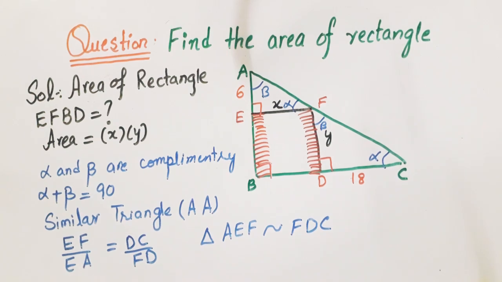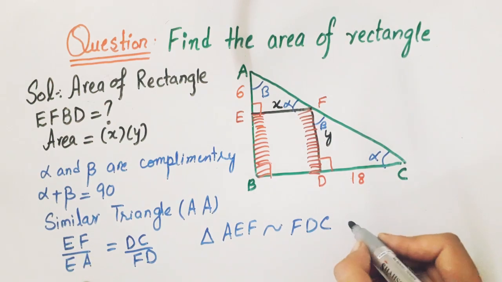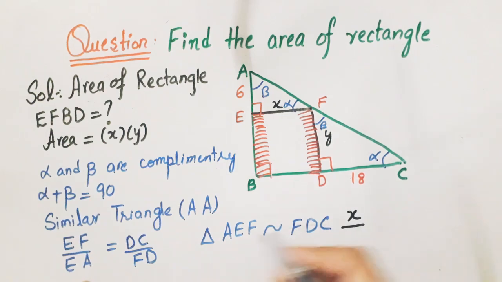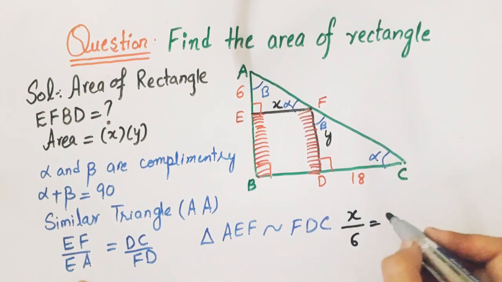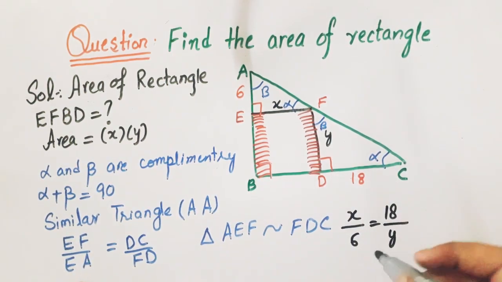For this reason, now we will substitute the values in this. EF equals X and EA equals 6, DC equals 18 and FD equals Y.